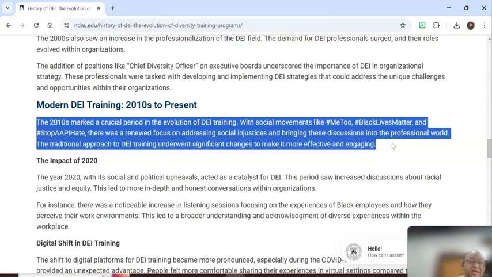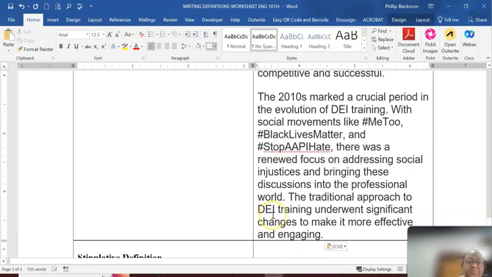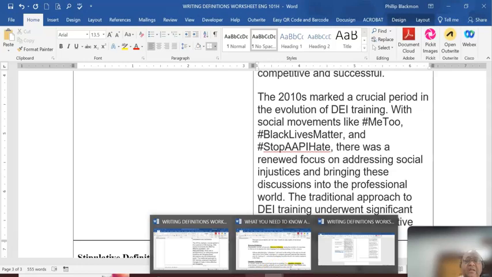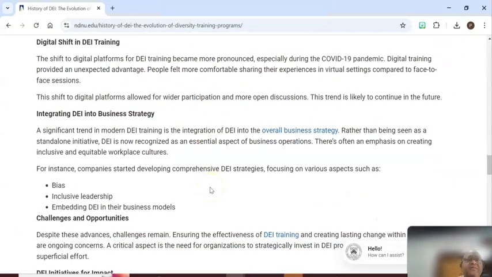So I'm going to go through here, and I'm just going to copy information. And like I said, I'm going to give you some notes on this in just a second. Go back here and I'm going to paste. I think there was one more thing in here that I copied.